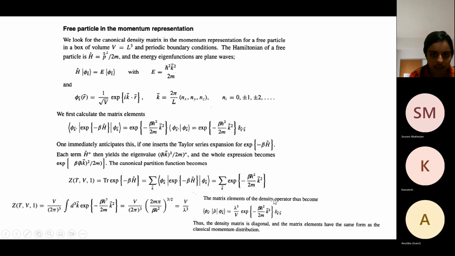So in the momentum representation, you're already getting a diagonalized density operator.